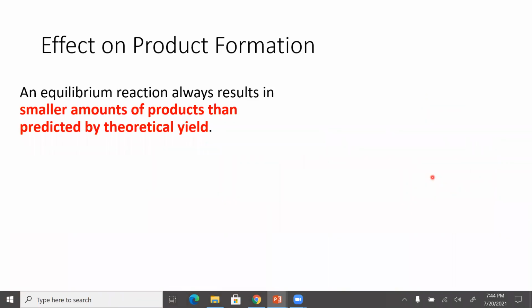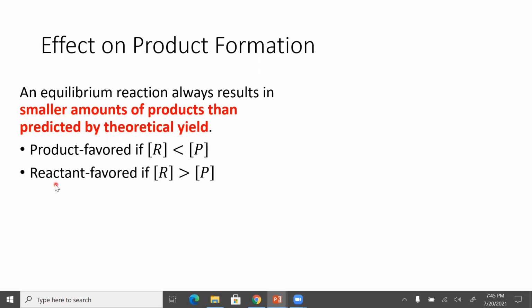When we talk about equilibrium reactions, they always result in a smaller amount of product than we predicted by the theoretical yield because it doesn't go to completion. A reaction is said to be product favored if at equilibrium we have a higher concentration of product than we had reactant.